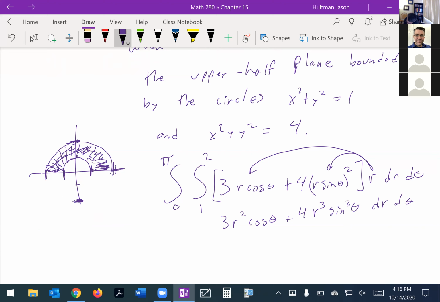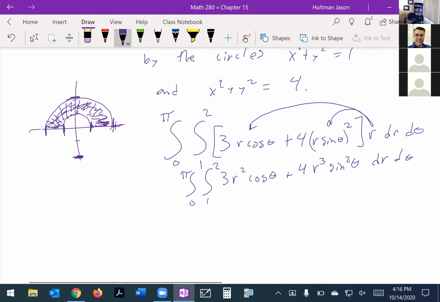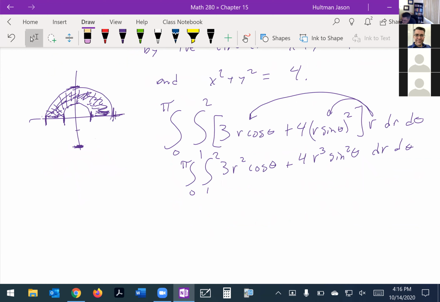So I'm going to integrate this, 1 to 2, 0 to pi. We do the integration with respect to r first, so this becomes r cubed cosine theta plus r to the fourth sine squared theta, from 1 to 2.